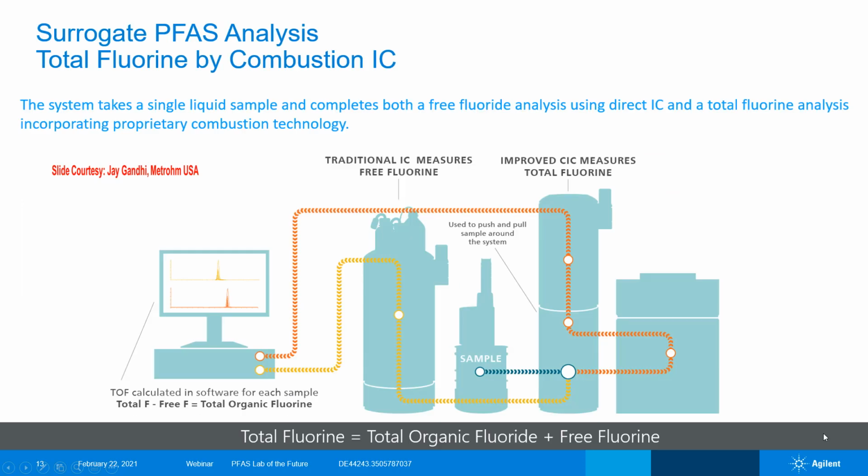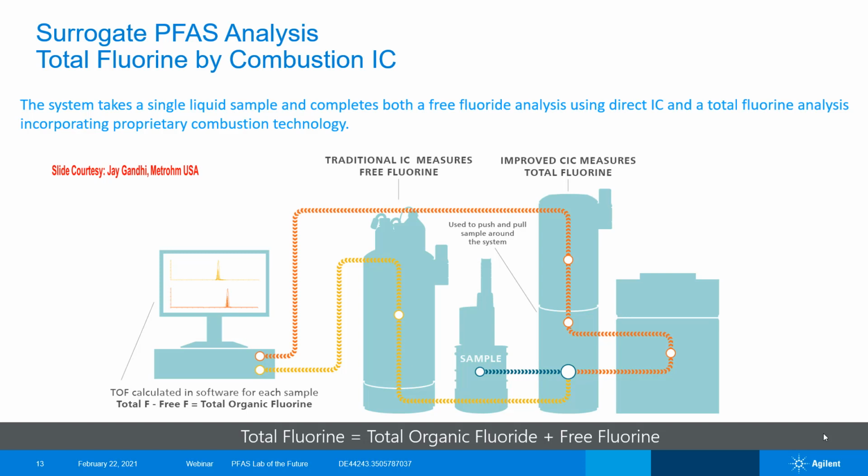Another quick way, or a surrogate or indicator way of analyzing PFAS, is the use of total fluorine measurement by combustion ion chromatography. So here I want to thank my friends, especially Jay Gandhi at Metrohm USA, to provide a couple of these slides to explain this technique. Basically what happens here is the system takes a single liquid sample and completes both a free fluoride analysis using the direct ion chromatograph, and then a total fluorine analysis with the combustion technology as well.